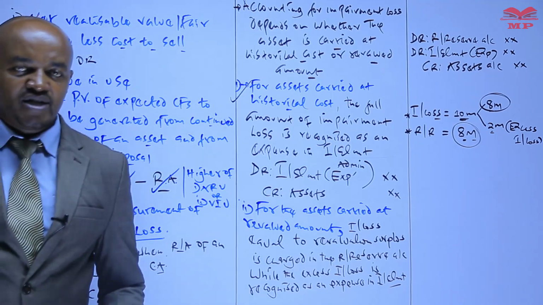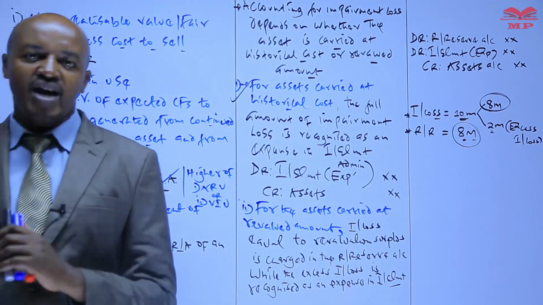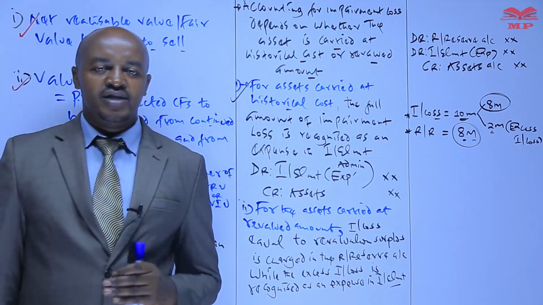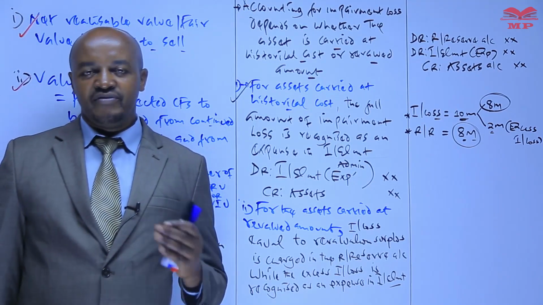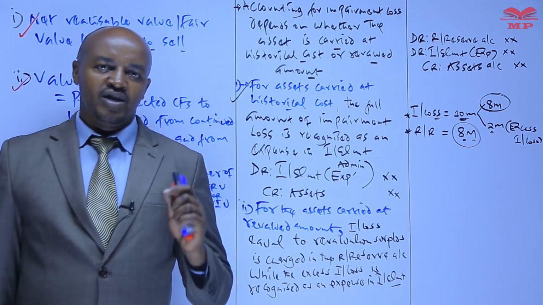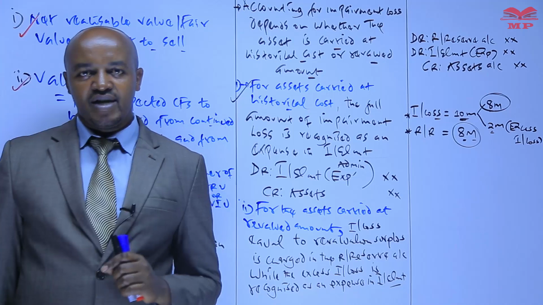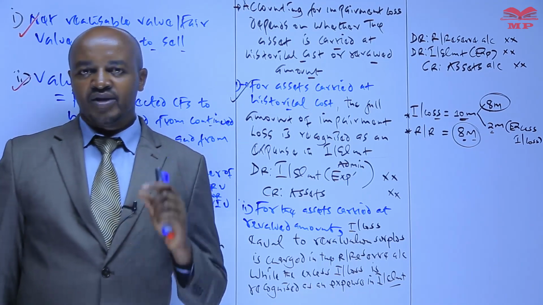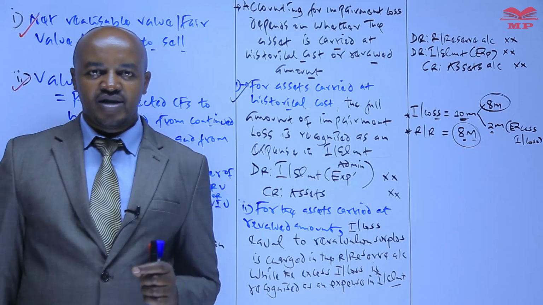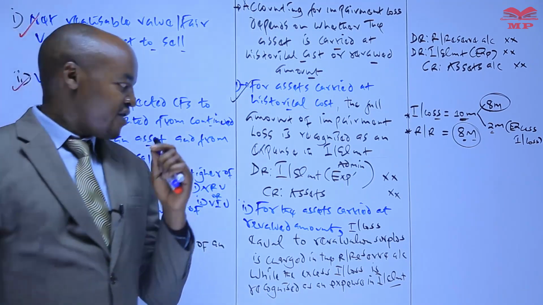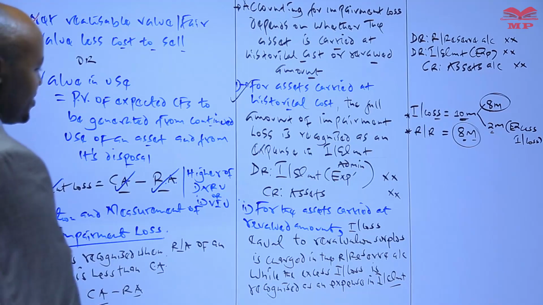It is also important to note that according to this particular standard, IAS 36, an entity is required to carry out an impairment review at the end of each financial year if there is some evidence which shows that the asset could be impaired. And therefore, IAS 36 has gone further to outline some of the factors which could indicate that the asset could be impaired. So next, I want us to look at those particular factors.